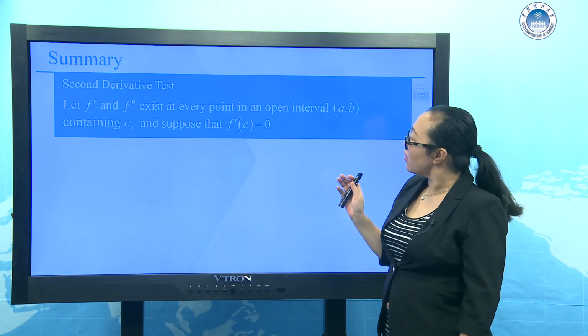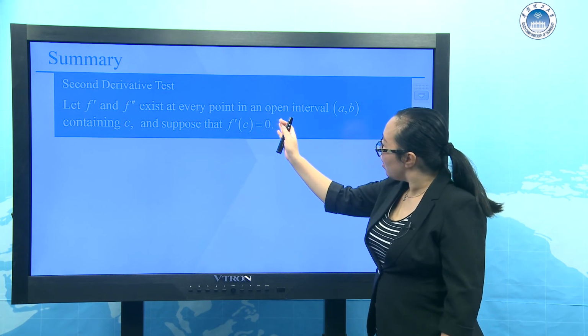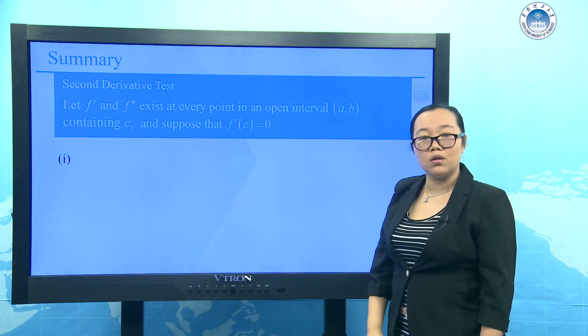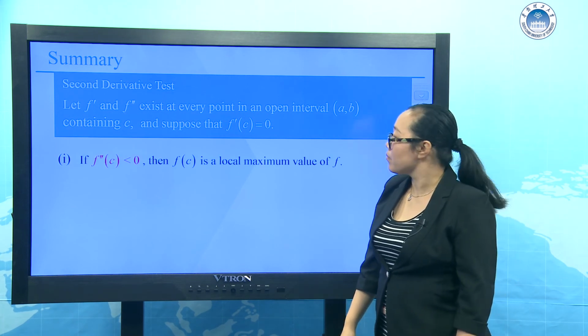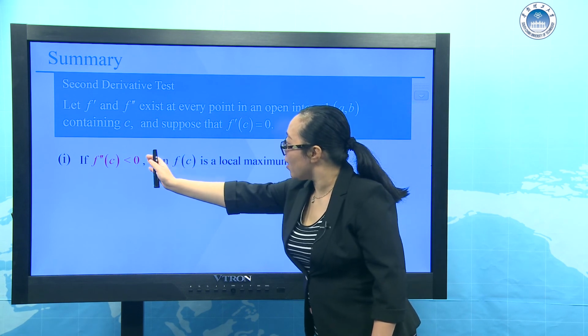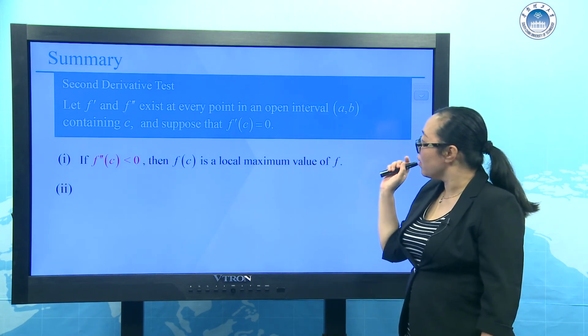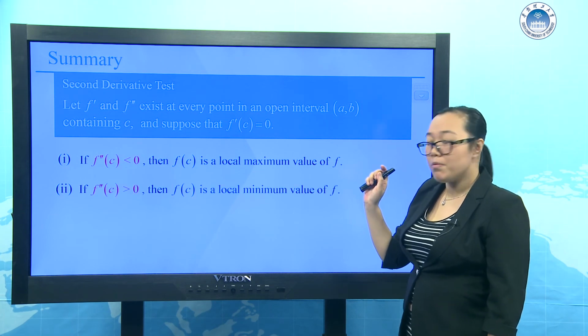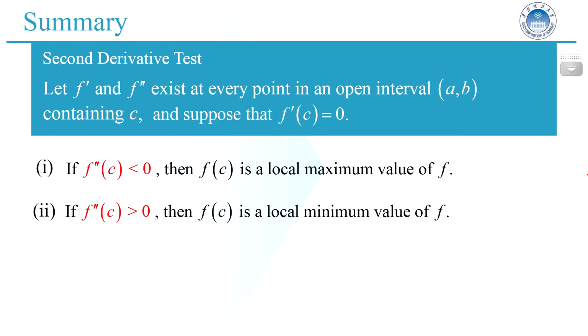Try to understand: f prime c equals 0 means c is our stationary point. Case 1: f double prime less than 0 corresponds to a local maximum value. Case 2: f double prime greater than 0 is a local minimum value. So try to remember: less than 0, maximum value; greater than 0, minimum value.